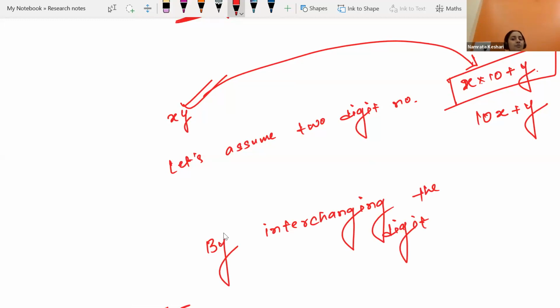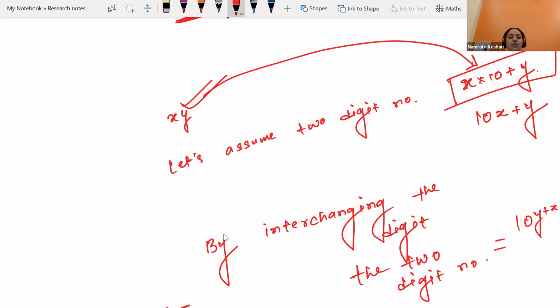We have to take it according to their place value in expanded form. By interchanging the digit, the 2 digit number will become 10y plus x.